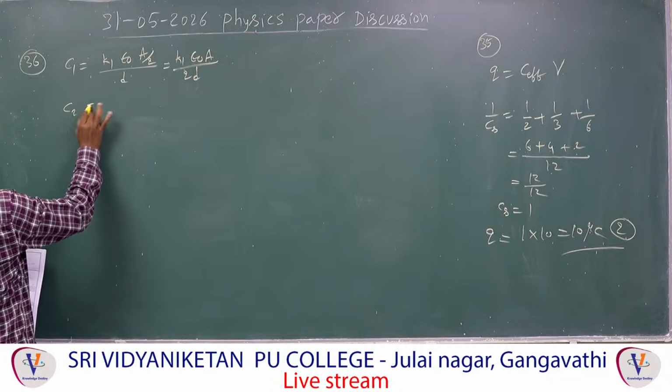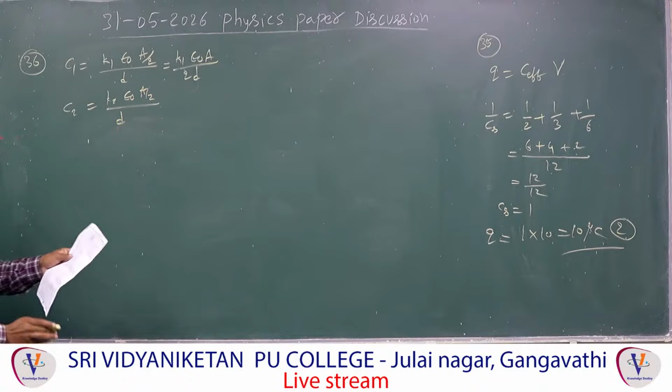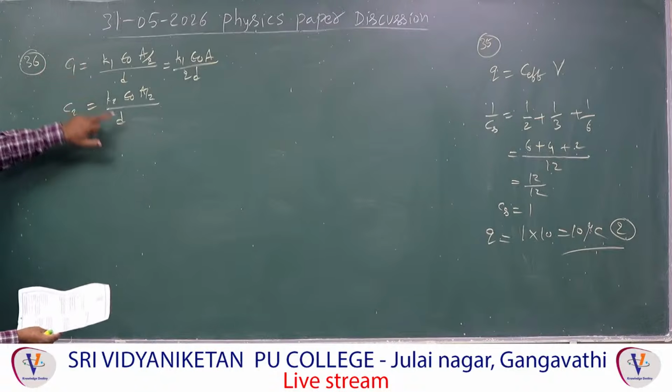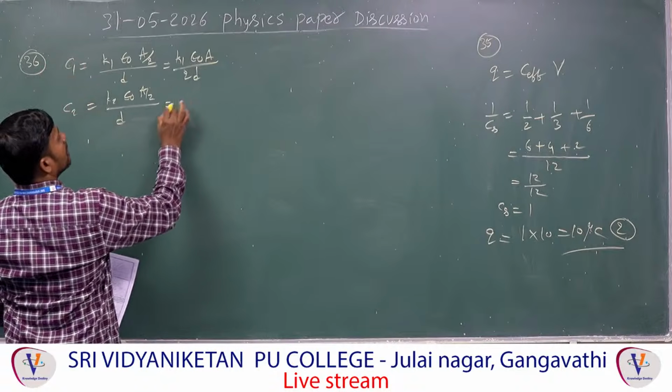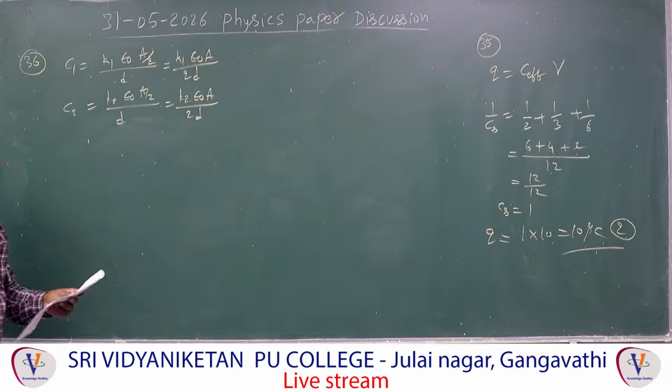For the second one, K2 epsilon naught A by 2D. First one has area A by 2, second one has area A by 2, same distance. That's why K2 epsilon naught A by 2D.